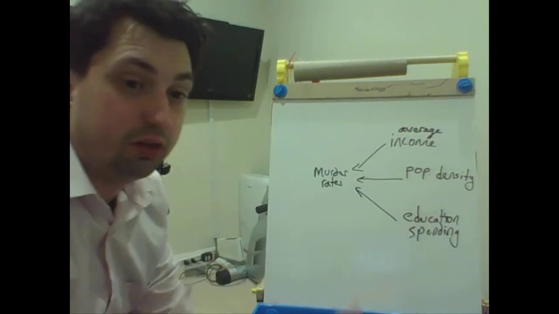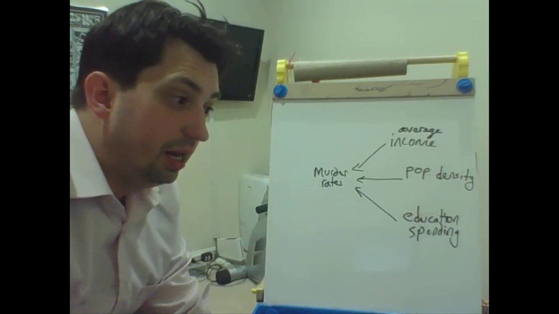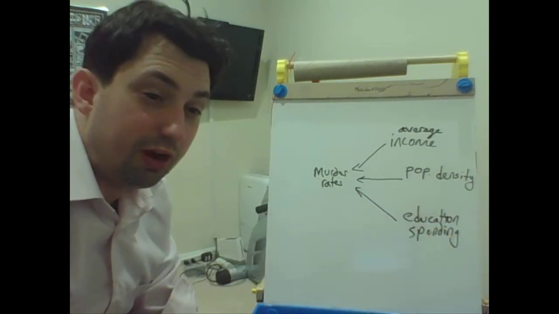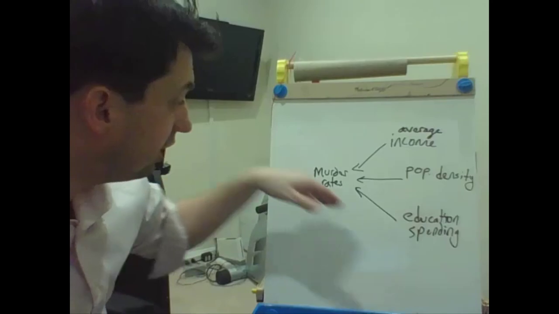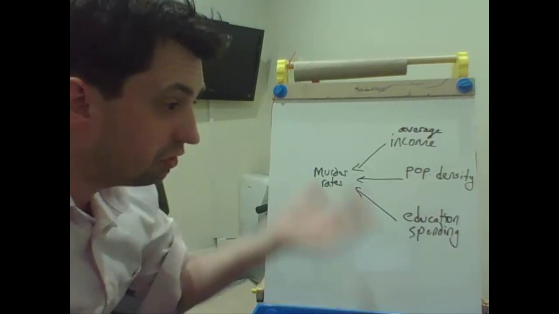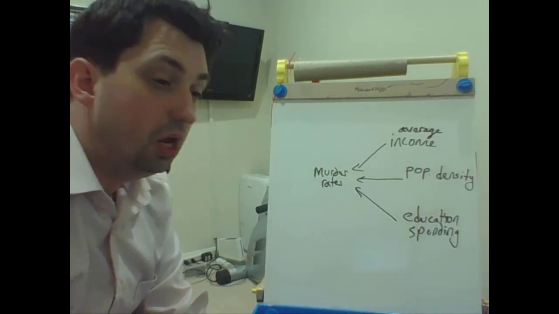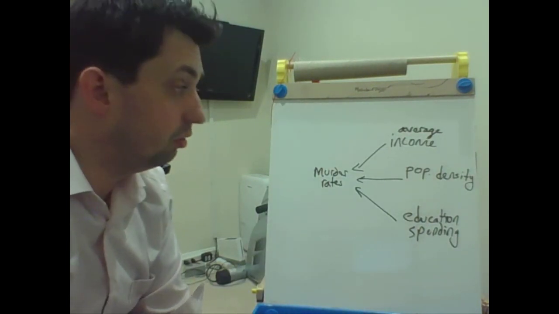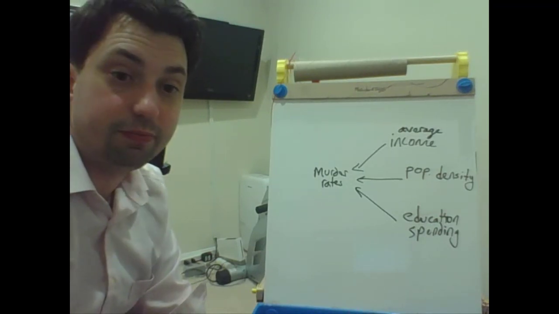We could tell a story that if population density increases, then it's easier to get away with murder because you can more easily disappear into a larger crowd, so that will cause murder rates to increase. We can say education, because as education spending increases, murder is often associated with crimes of passion, so maybe they learn to better control themselves or plan ahead in the process of education.